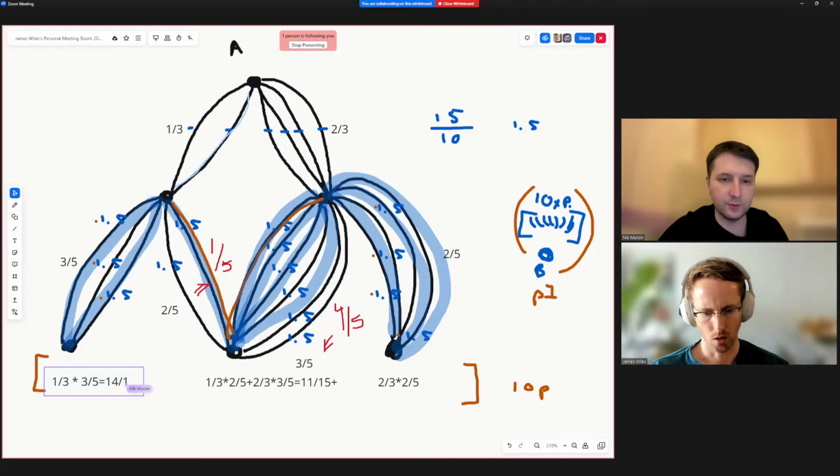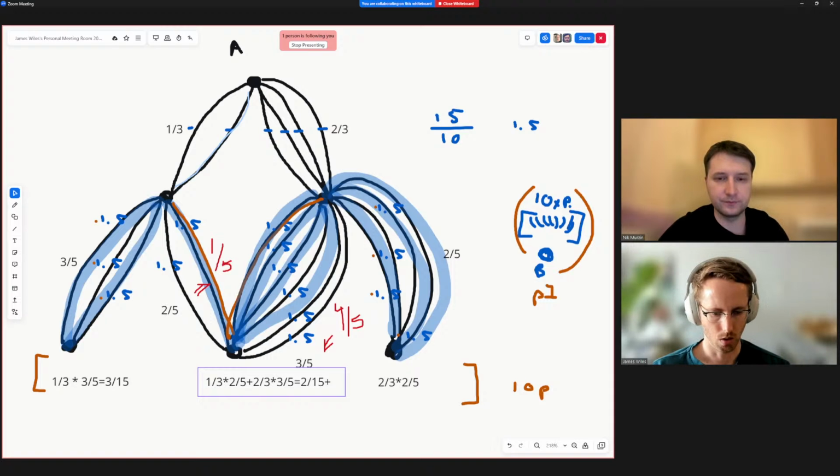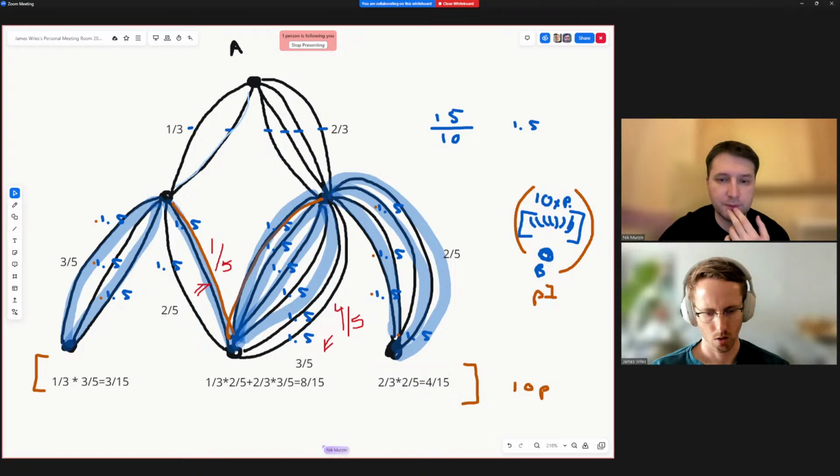Increase. So 2 divided by 3 times 5. 8/15.